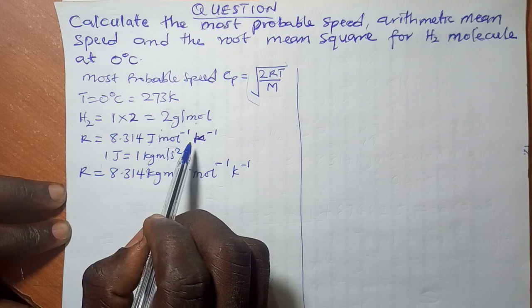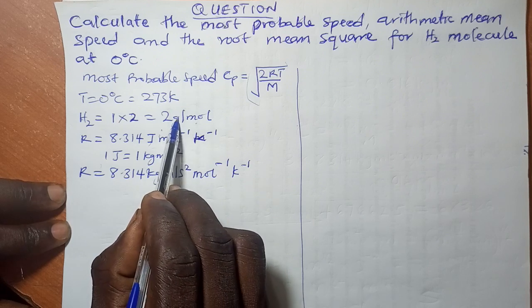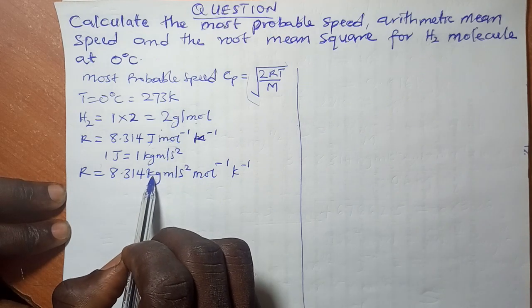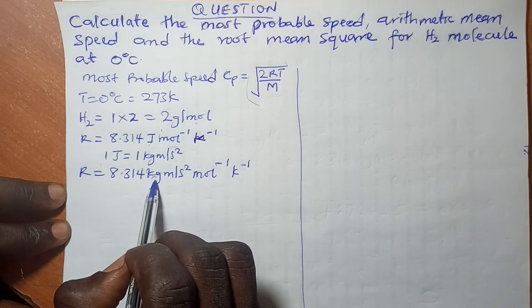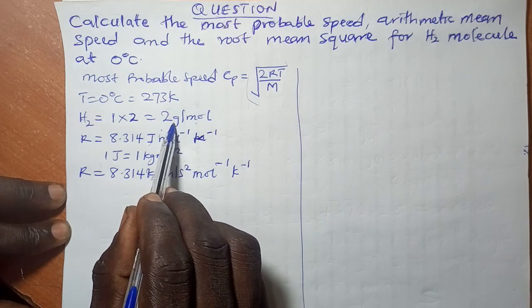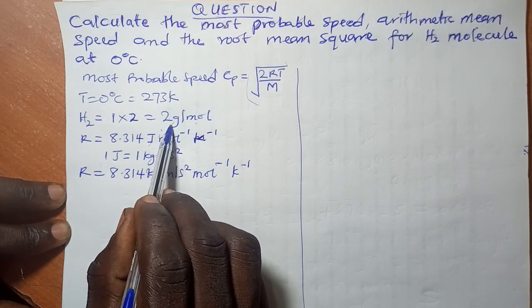The reason why I'm doing this is that this is gram, so that you will now see the kilogram coming out, so there is a need for us to either convert this one to gram or convert this one to kilogram. That is what I mean.